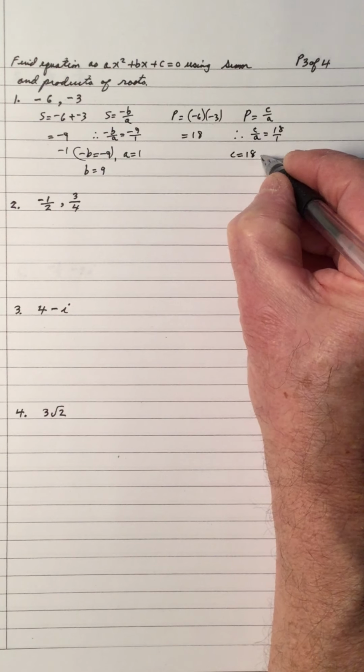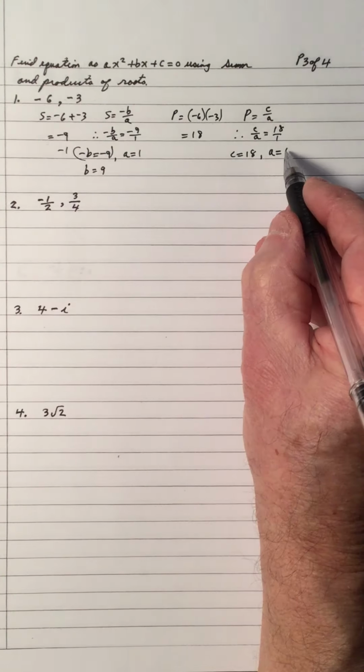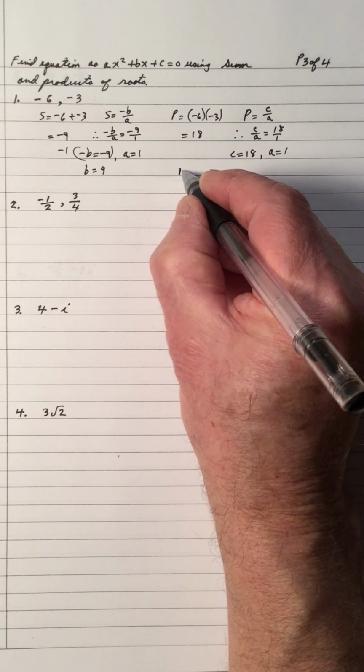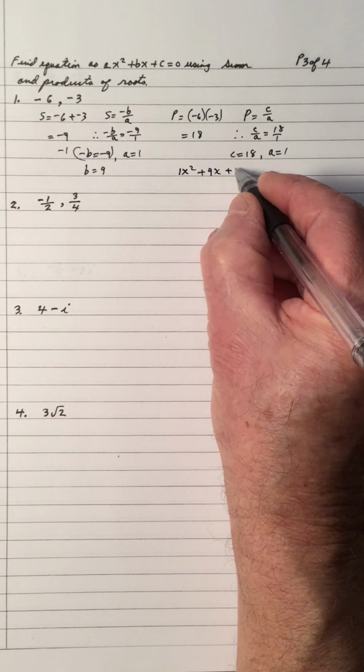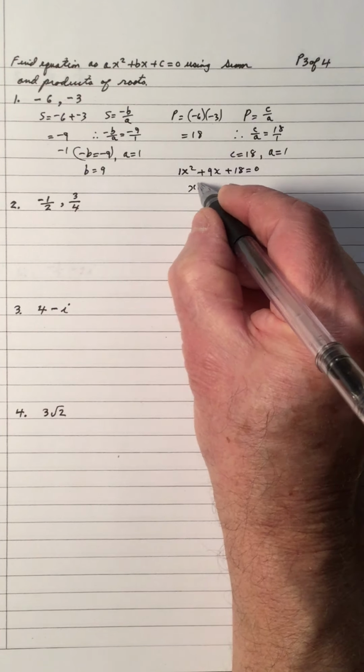C is 18, a is 1. And a is 1 right here, and right here everything is okay. So we have 1x squared plus bx plus c equals 0. So x squared plus 9x plus 18 equals 0 is the quadratic equation that has those two roots.